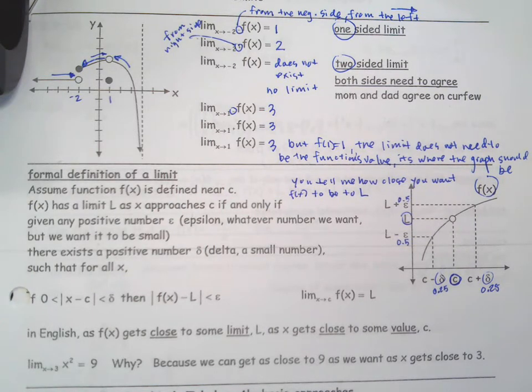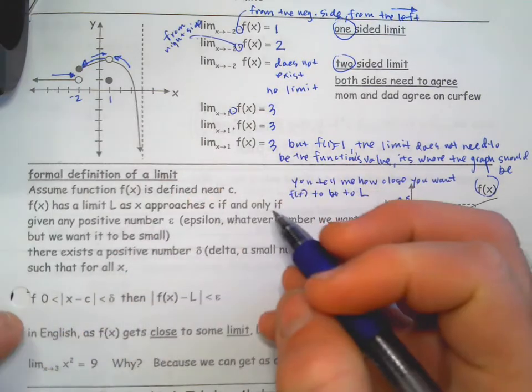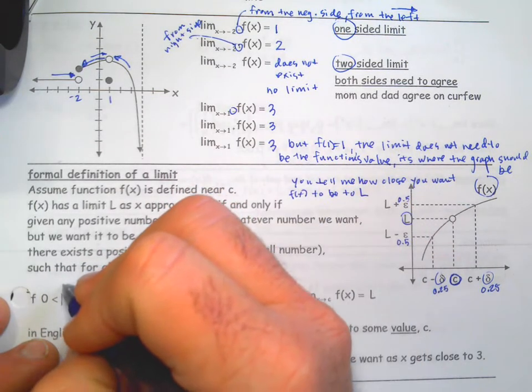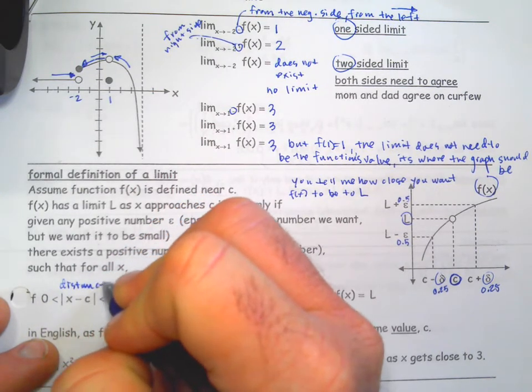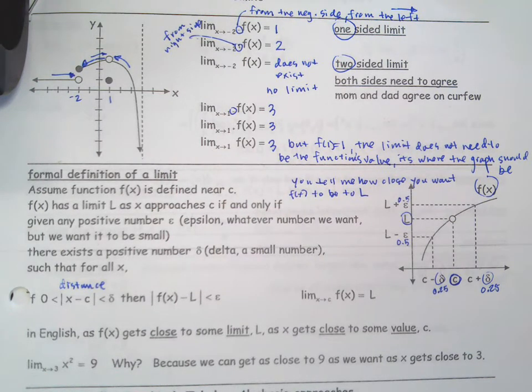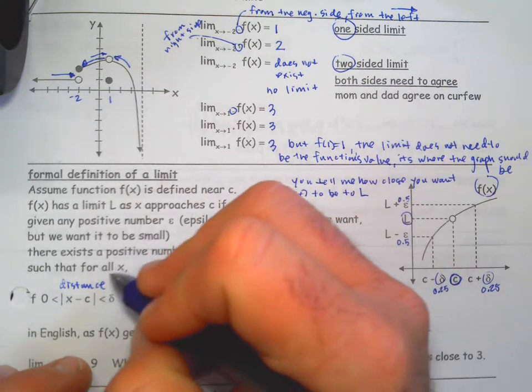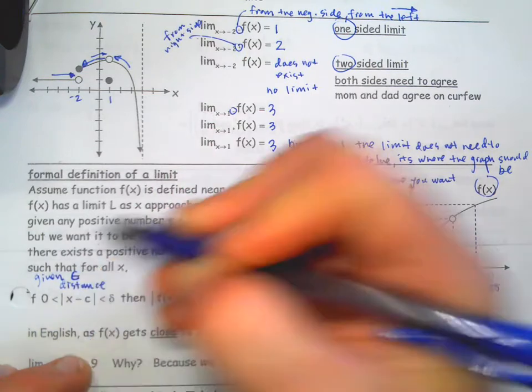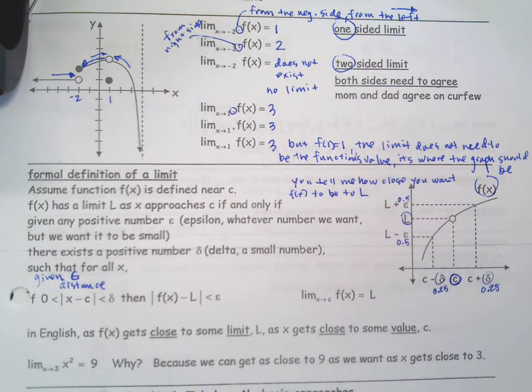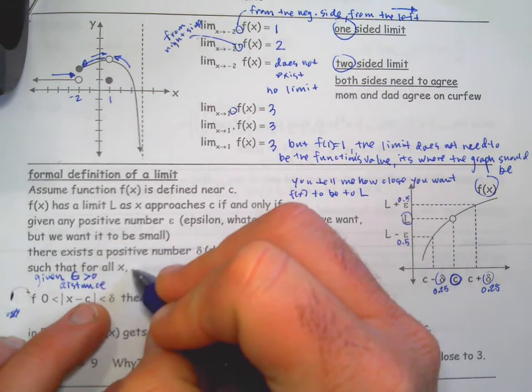Another way of saying that: given an epsilon value that's positive, we can find a delta that's positive also, such that for all x within delta of c, this is going to be true.